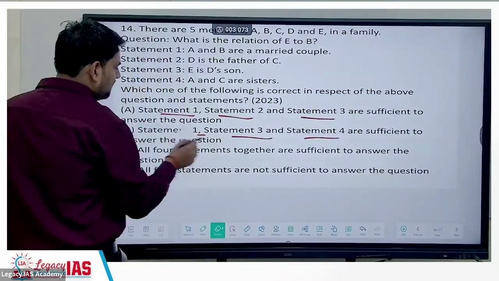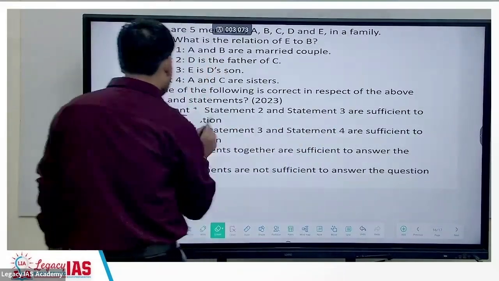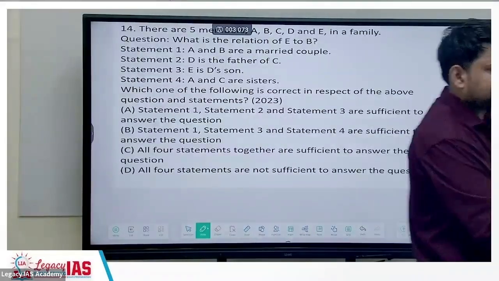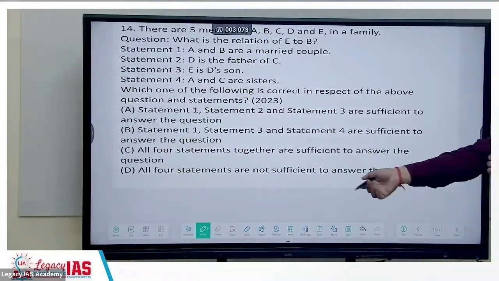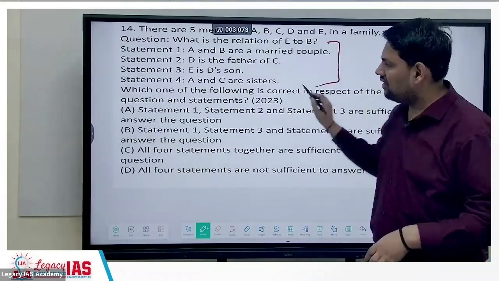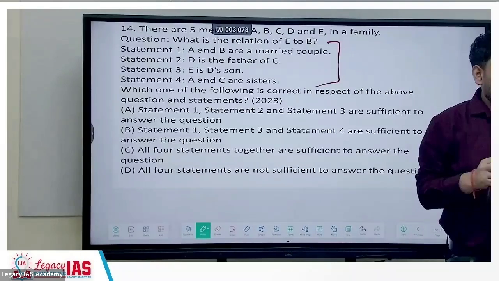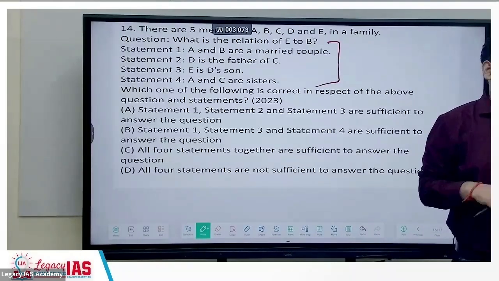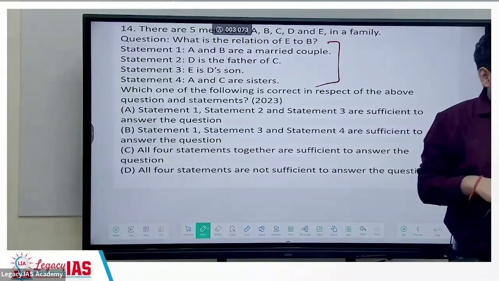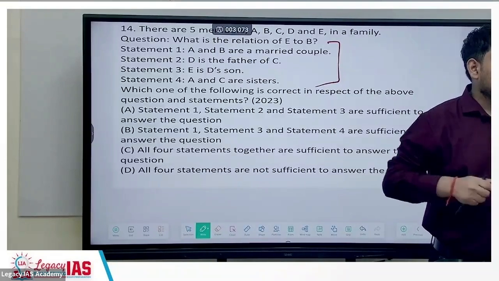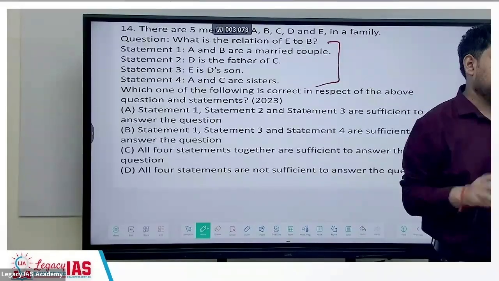But what I would suggest in such questions, in the way UPSC frames it, is to simply use all these sentences and draw a diagram, and try to find the relation. After drawing the diagram, you should be able to guess if there was any redundant sentence.